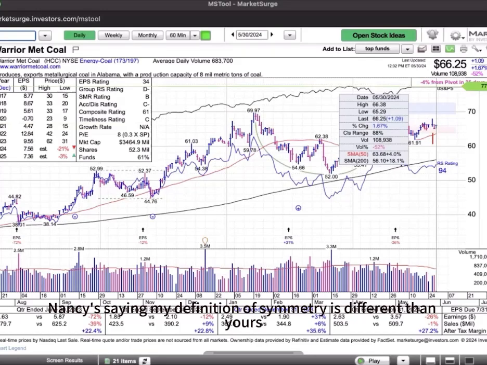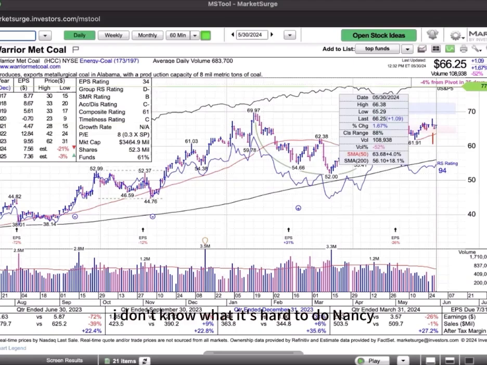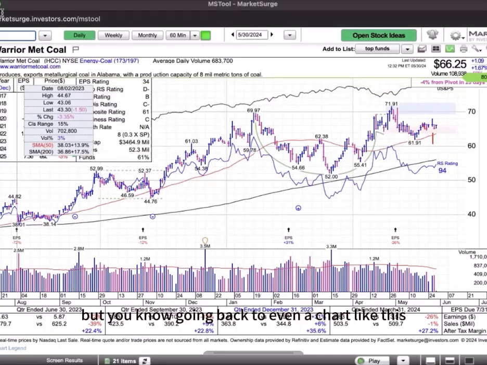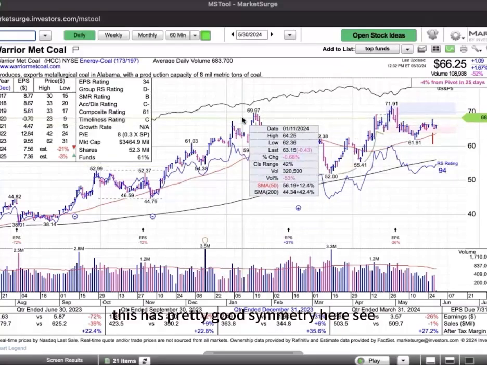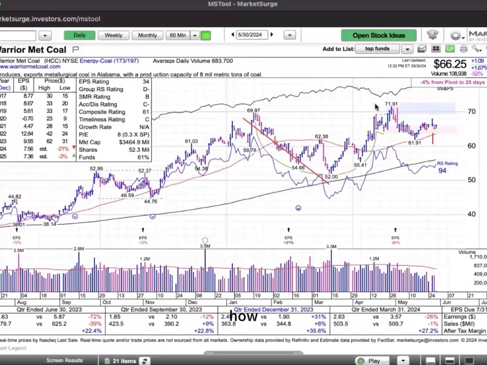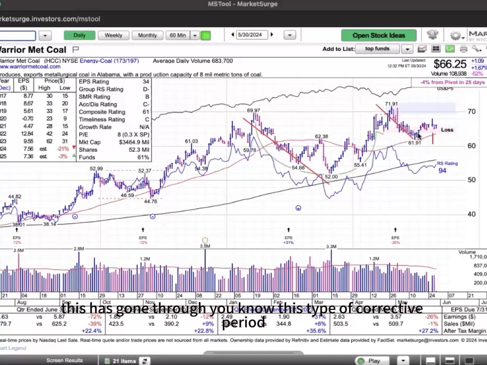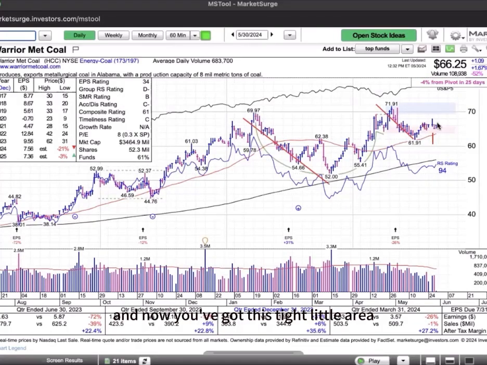Nancy's saying my definition of symmetry is different than yours. Could you please explain? Well, it's hard to do, Nancy, without knowing what yours is. But even a chart like this has pretty good symmetry here. See how this has gone through this type of corrective period, and now you've got this tight little area where the stock has had time after marking itself up to come back down and shake out some, sort of wringing out the towel.